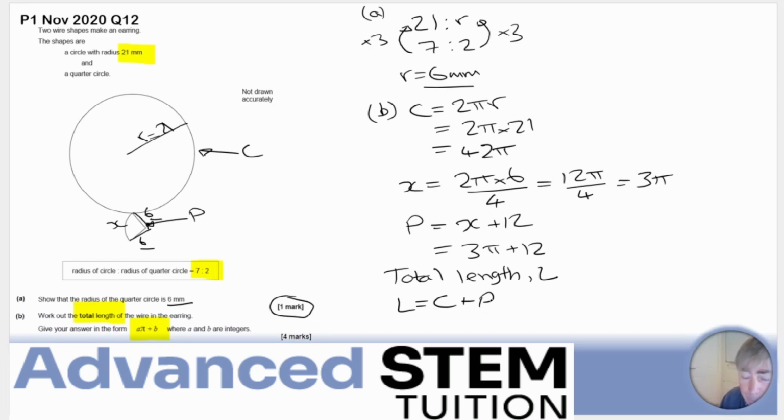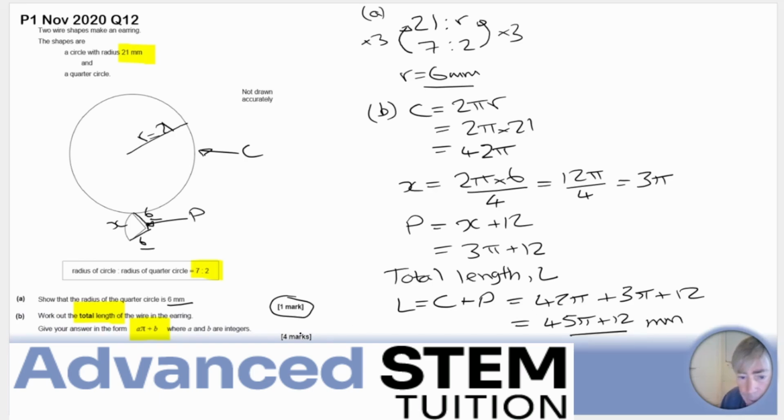So the circumference of the big circle, the perimeter of the small quarter circle, and I end up with 42 pi plus 3 pi plus 12, and I can simplify that to 45 pi plus 12. And now I can put my units in, just to be sure, millimeters.